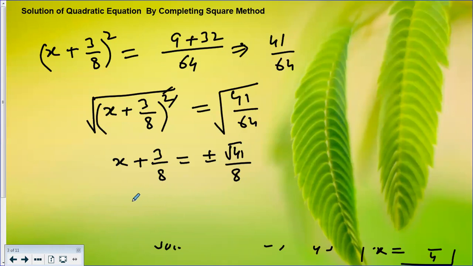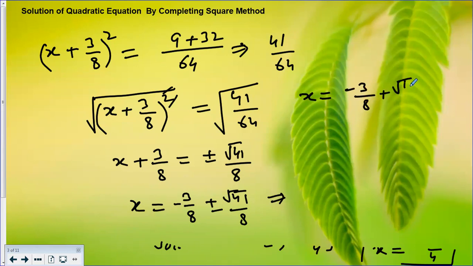Now in this way we can get the value of x. We shift this term to the right side and it will be negative 3 over 8 plus minus square root of 41 divided by 8. So we get two possibilities. Negative 3 over 8 plus square root 41 over 8; we take the LCM, we get negative 3 plus square root of 41 over 8.